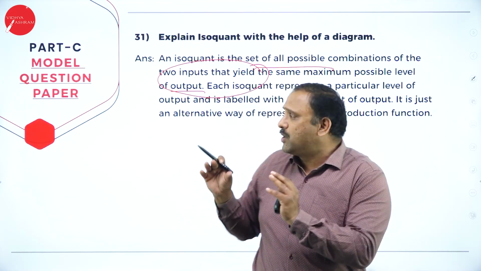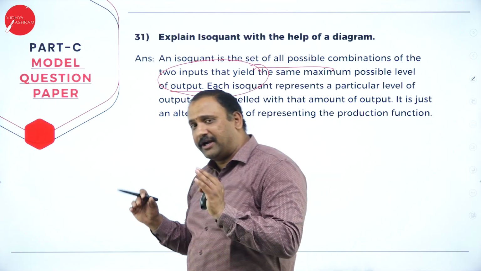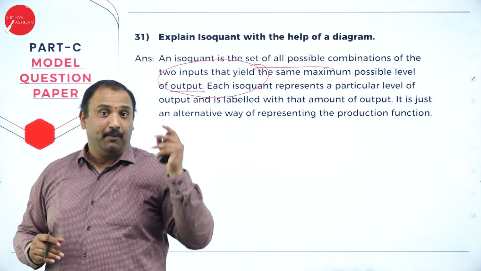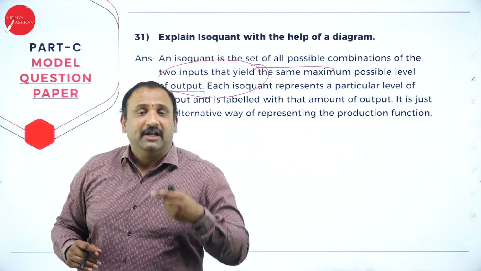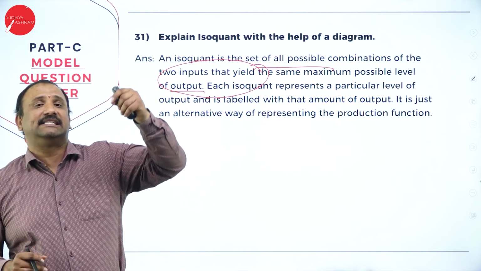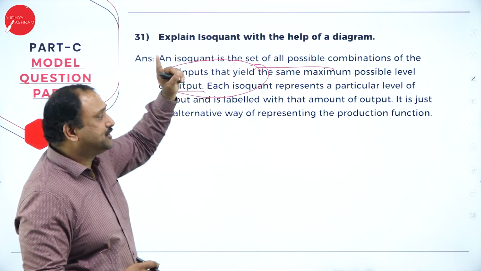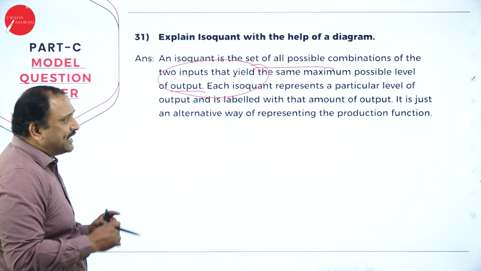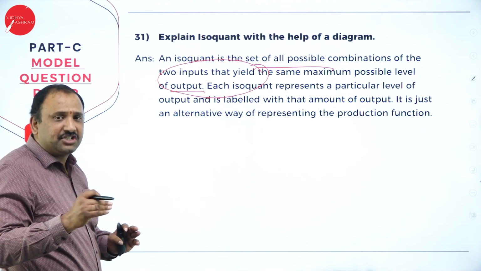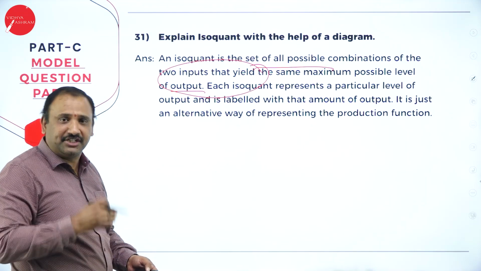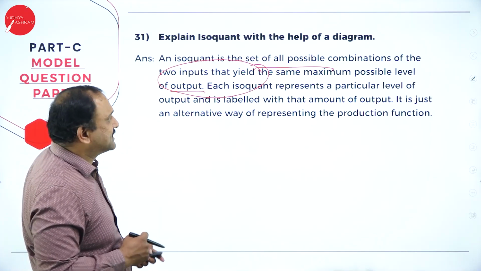That's where an isoquant comes into the picture. Whatever changes the firm makes, the output should not change. It should remain constant at the same maximum level.